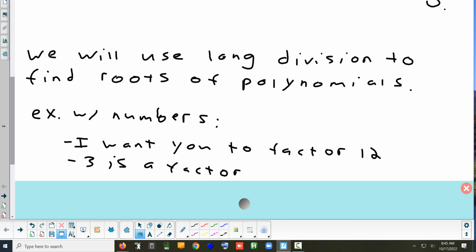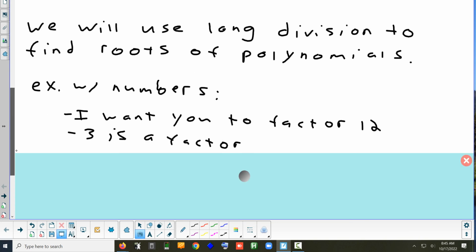So let's say I told you those two pieces of information. Okay. I want you to factor the number 12. I'll tell you one of the factors, 3. Okay, I'm going to tell you that 3 is a factor of 12, and I want you to find the other one. How would you get the other factor of 12 if I tell you 3 is one? Yeah? We should divide 12 by 3. Right.